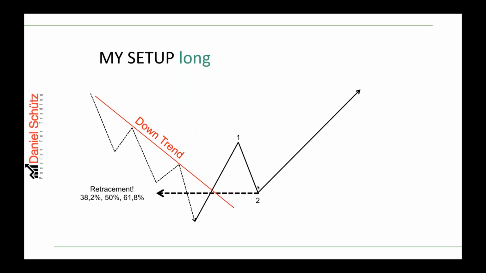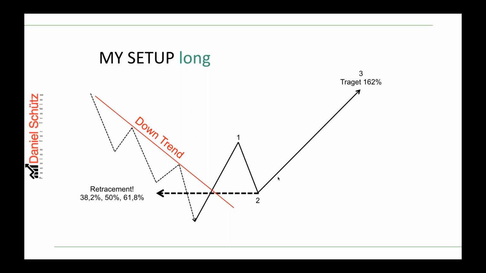If I see the retracement of 38.2, 50 or 61.8, I can use it to identify a reversal candle at that point. If I see that reversal candle, I can wait another candle and get into the market after that.